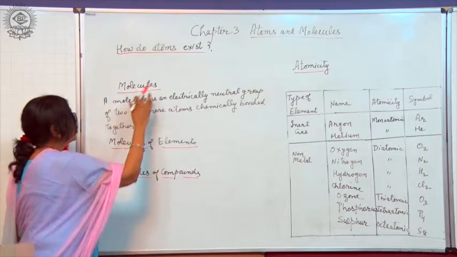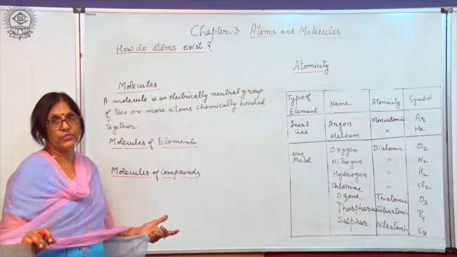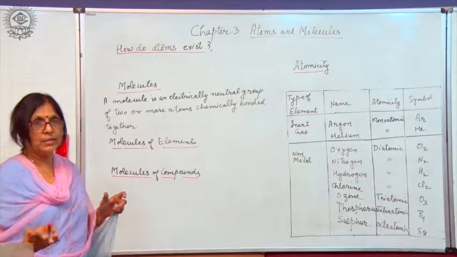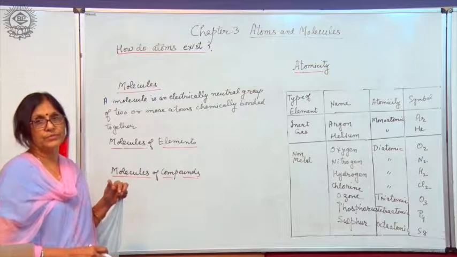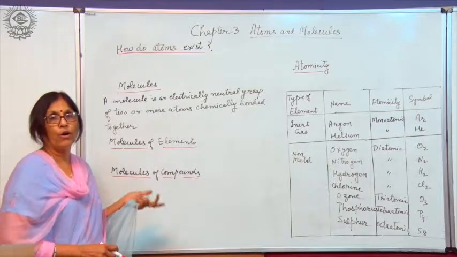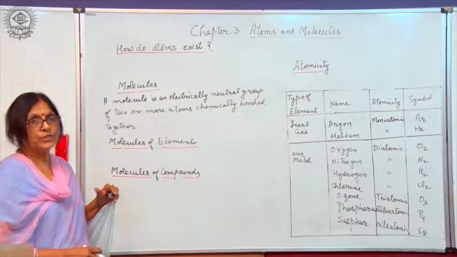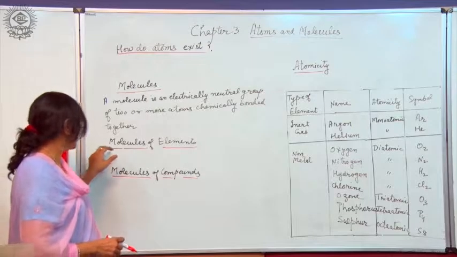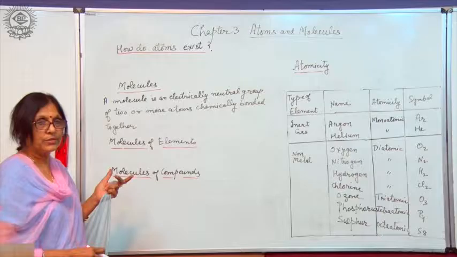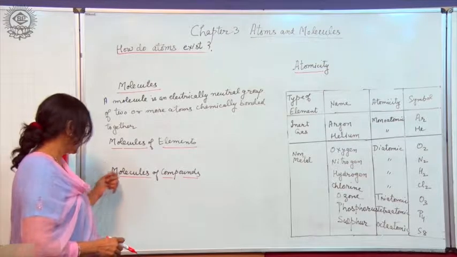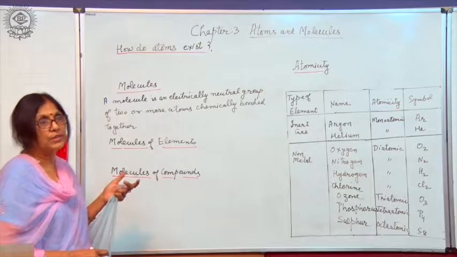A molecule is electrically neutral, it does not have any charge, and it is formed by the combination of two or more atoms of the same element or different elements. If similar atoms chemically combine, it forms the molecules of an element. If atoms of different elements chemically combine, it forms the molecules of a compound.